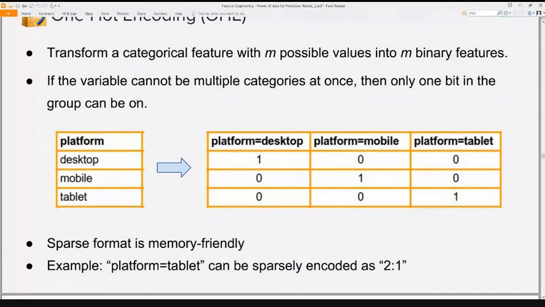categorical features is one-hot encoding. For instance, can you see this? Which platform is one using? A desktop, a mobile, or a tablet?